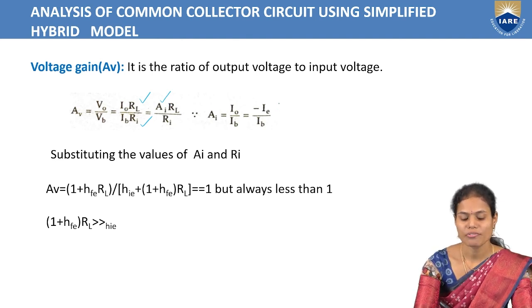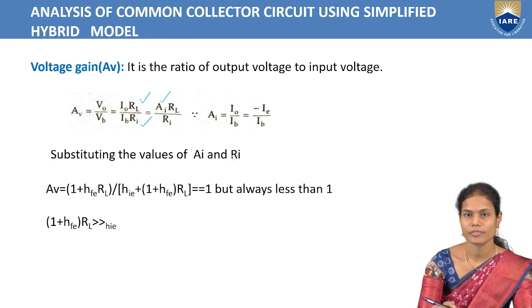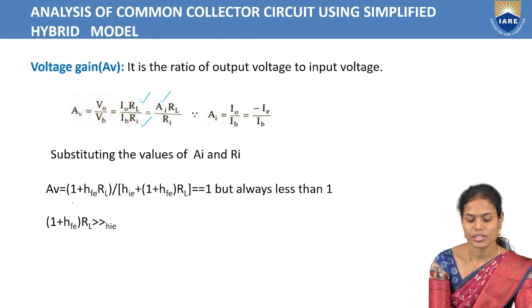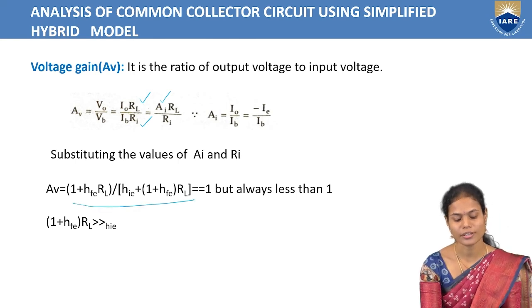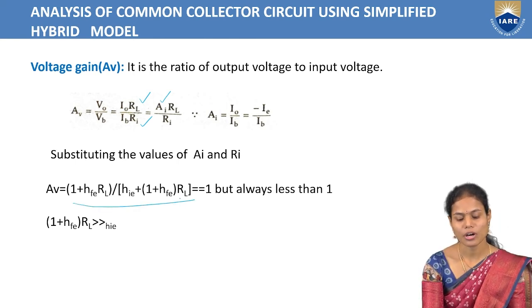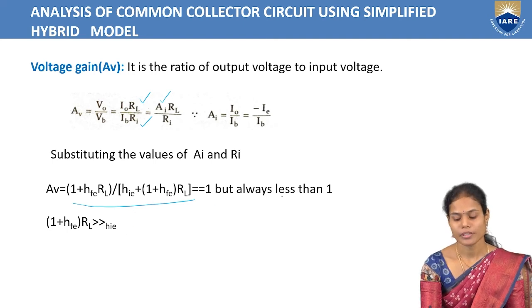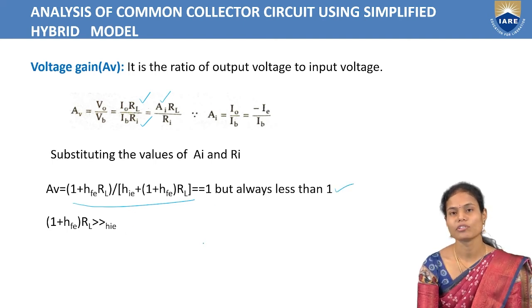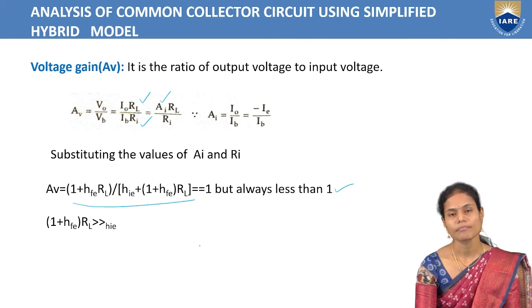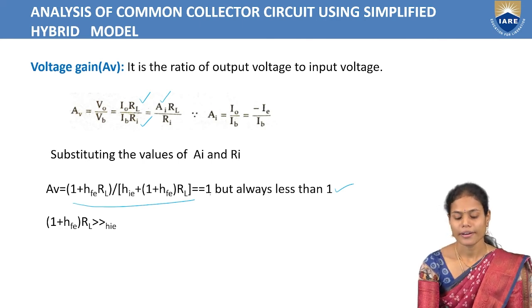So if we substitute the values of current gain as well as input impedance, we will get the voltage gain as this much. And here 1 plus HFE into RL value is far greater than HIE. That's why we will get this particular value as almost 1. And practically we may get this value as less than 1.